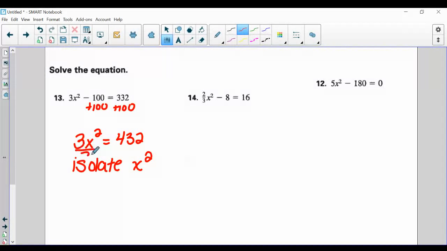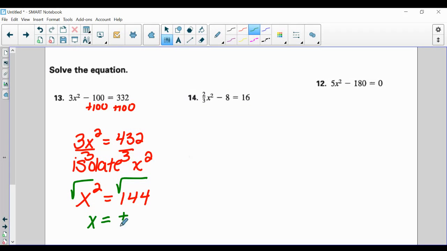So we divide both sides by 3. Take your calculator, divide 432 by 3. And now's the time that we take the square root of both sides, and we get x equals not just 12, but plus minus 12. Two solutions, a positive 12 and a negative 12.